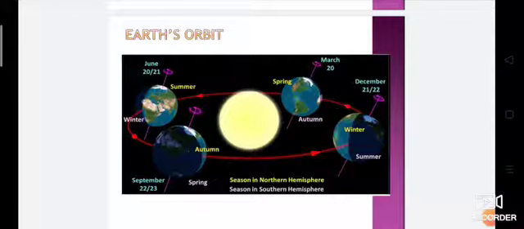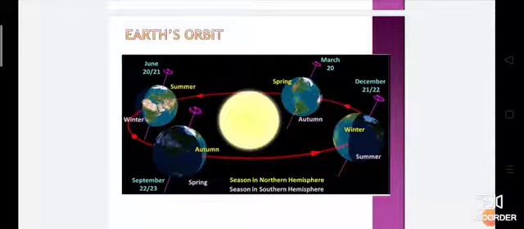Just because of that, the earth sometimes moves near to the sun, and at other times it goes away from the sun.